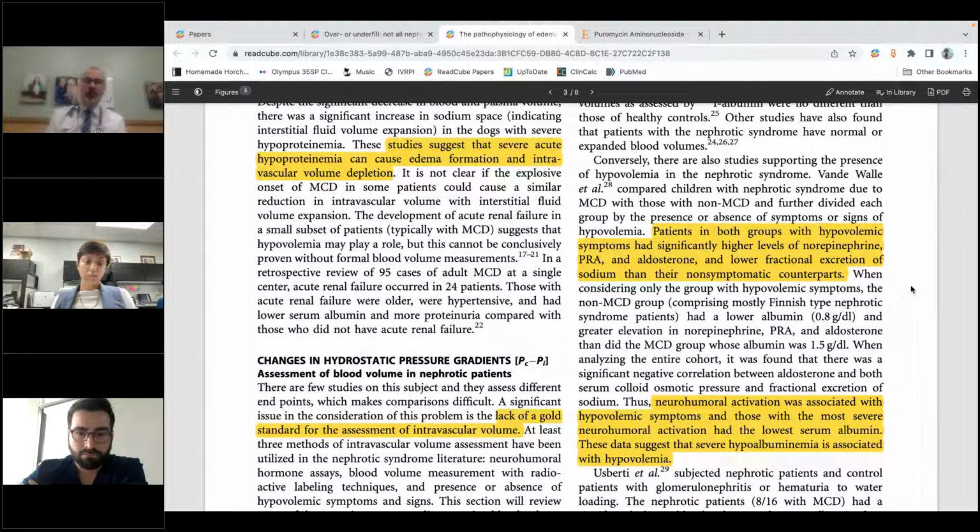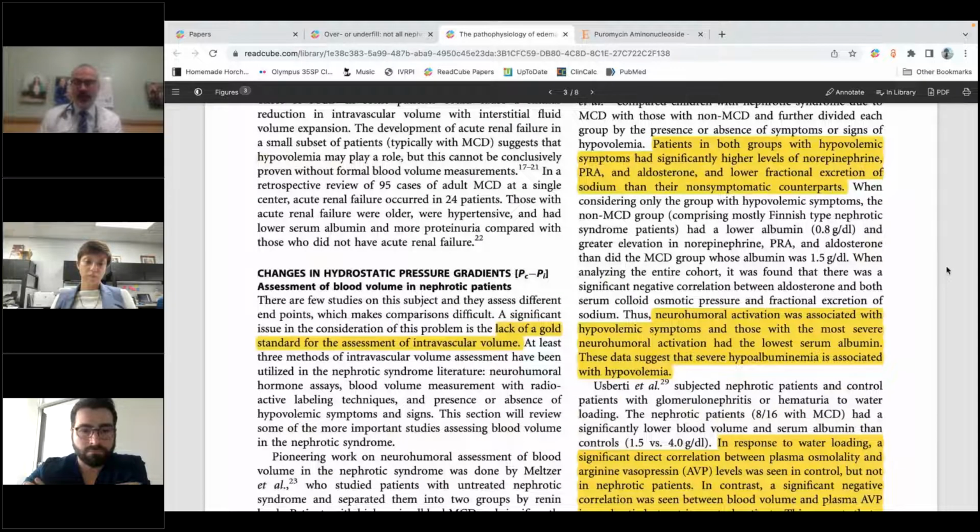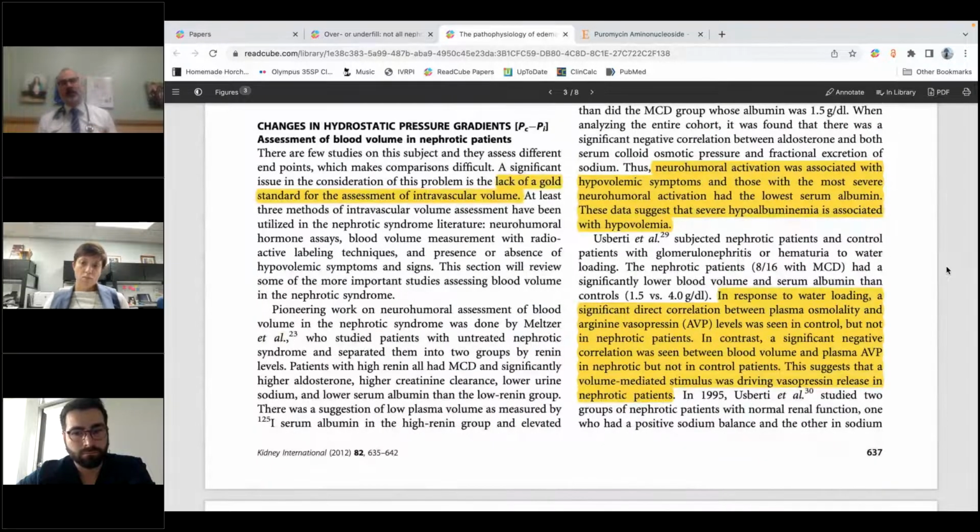And that neurohormonal activation, so activation of the RAS, your sympathetic nervous system, was associated with hypovolemia, and those with the most significant activation of those systems had the lowest albumin. So it does suggest that there is a connection between severe hypoalbuminemia and hypovolemia, but that is not a consistent feature that's seen in every patient.